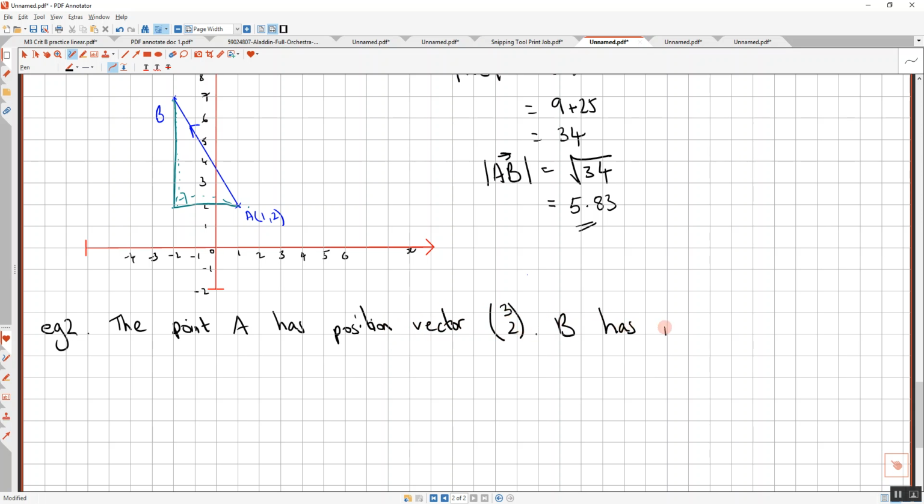B has position vector 1, 4. Two things I want you to do: find vector A to B, and then find the magnitude of A to B.